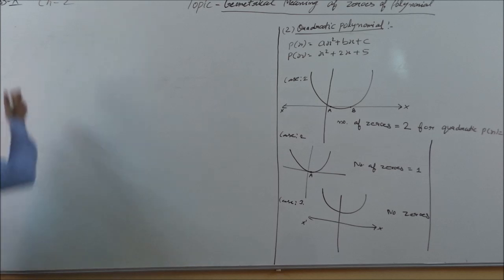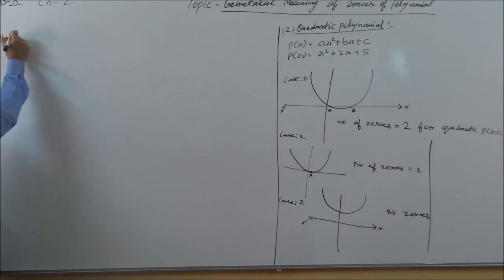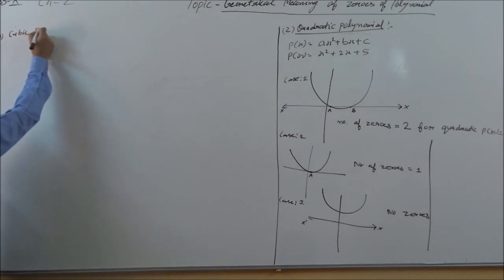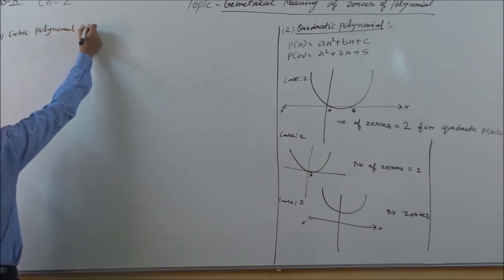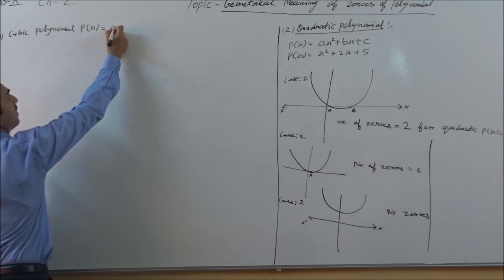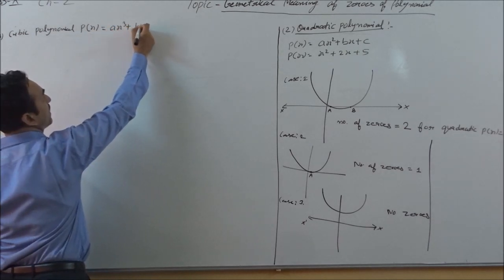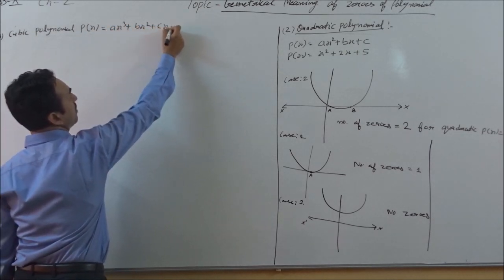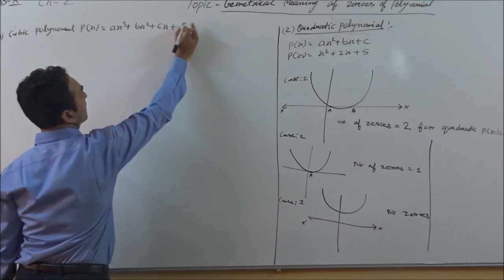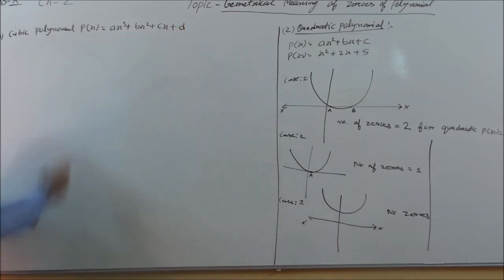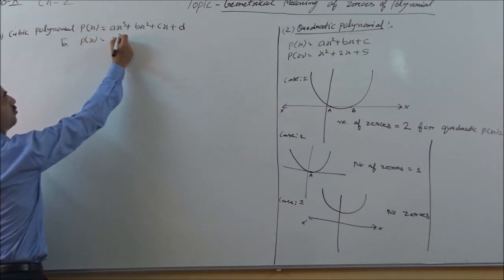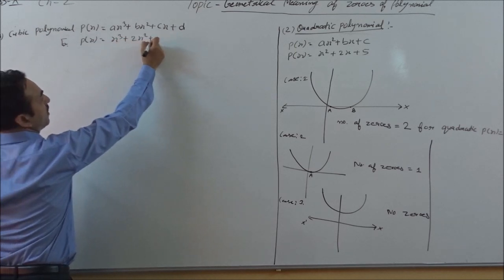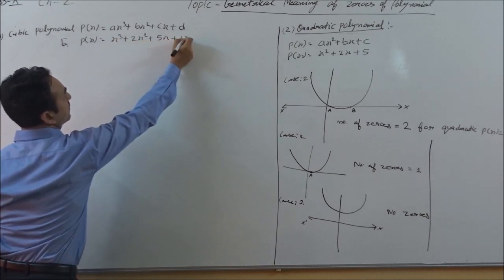The standard form of the cubic polynomial is p(x) equals ax cube plus bx square plus cx plus d. Example: p(x) equals x cube plus 2x square plus 5x plus 10.